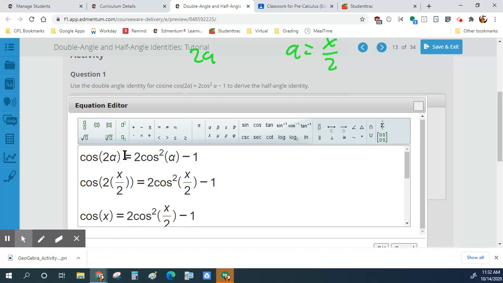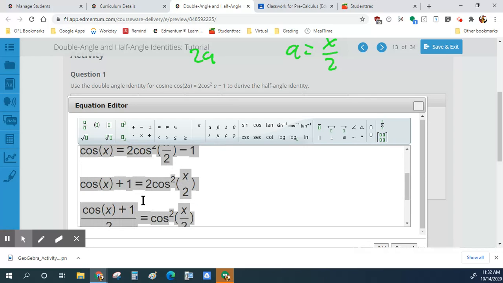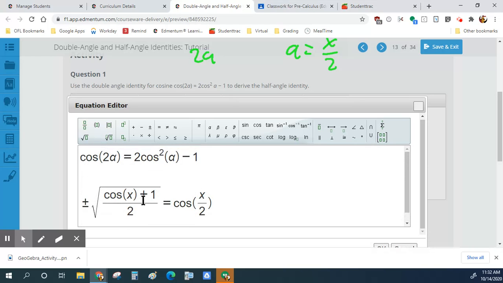Also, I could have left this as alpha. That way you can see it the other way.